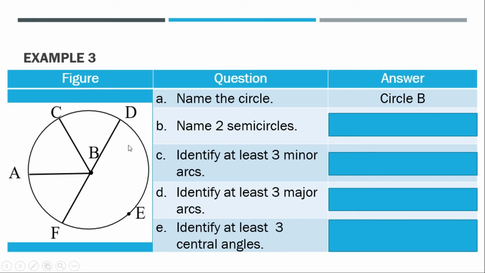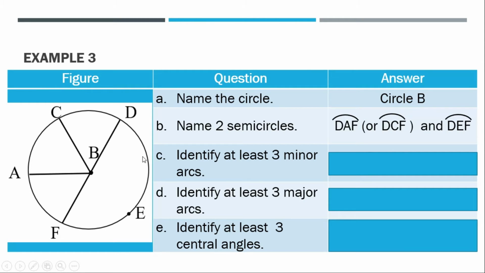A semicircle is named using its endpoints and a third point on the arc. So tatlo yung ilalagay natin. Pwede nating sabihin arc FAD, arc FCD, or arc FED. So, ilagay natin dito. Ayan. So, we have here arc DAF.